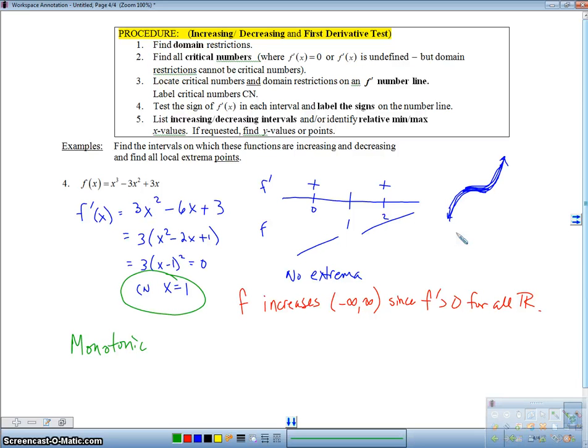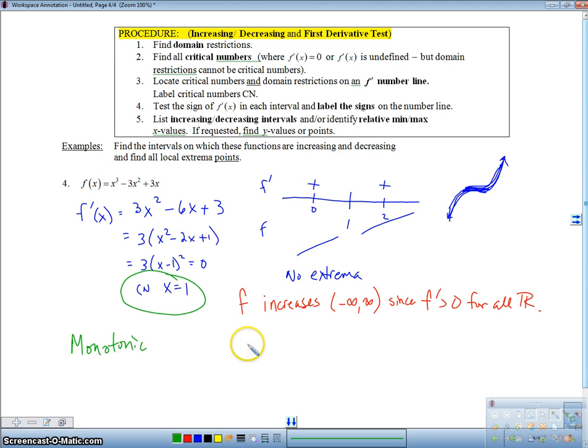So it's really important to note that even though we have critical numbers, where either the derivative is undefined or the slope is 0, it's possible that f doesn't change from increasing to decreasing. So we want to make sure we go through the motions and actually figure out whether it's going to be positive or negative on each side of this critical number, because we might end up with a monotonic function.